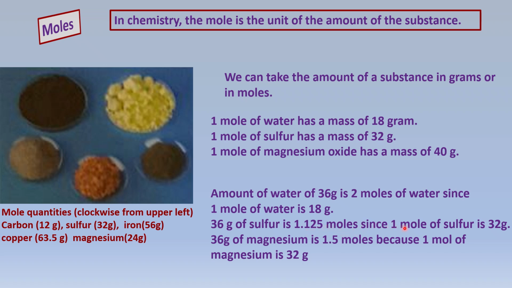Now, what about magnesium? 36 grams of magnesium is 1.5 moles, because 1 mole of magnesium is 24 grams. So as you can see, the mole in different substances has different masses in grams.